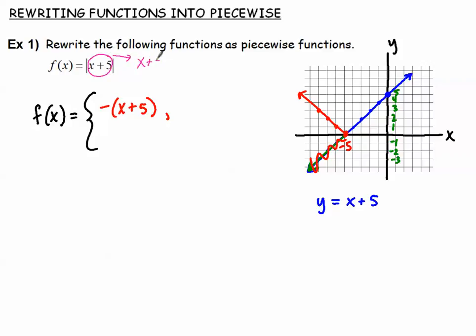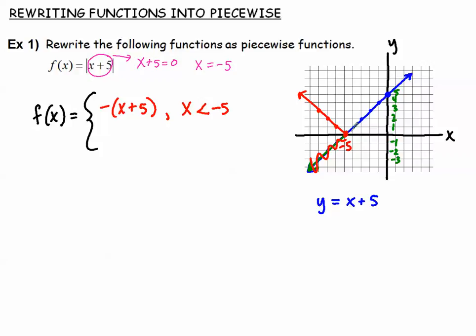I'm going to set it equal to 0. That's how I find the zeros of the function. And then I'm going to say, solving, that x equals negative 5. So that's where the crossover point is, or the x-intercept. So the red part that we had to switch over is everywhere to the left of negative 5. That's where x is less than negative 5.